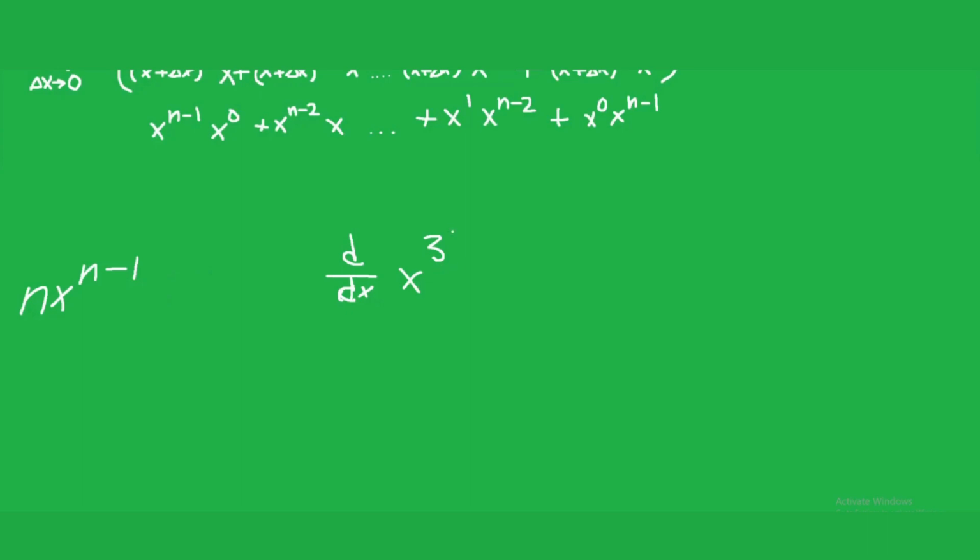Okay, well, x cubed, we have x here, right? We're plugging it in. So x to the 3. 3 is n, right? So if 3 is n, what we're doing is we're bringing that 3 down right here. You see 3 here? And then our exponent is 3 minus 1, so it's 3x squared. Okay, so that's a pretty simple little demonstration there.